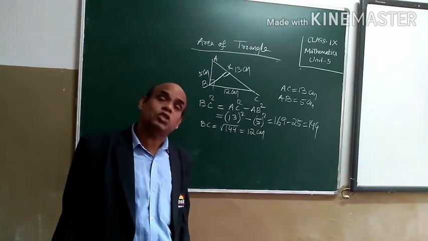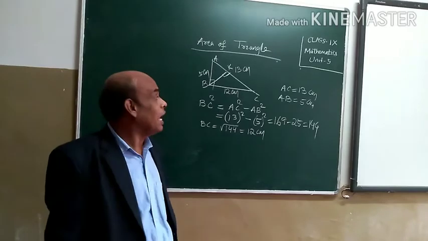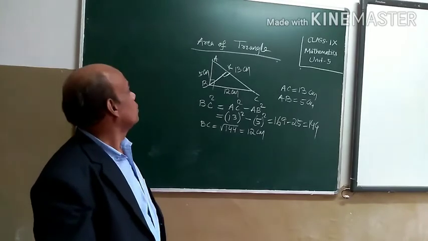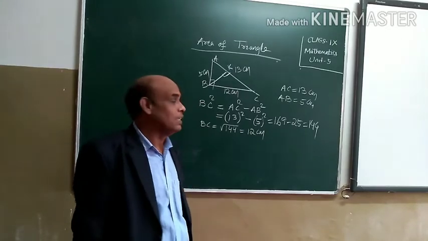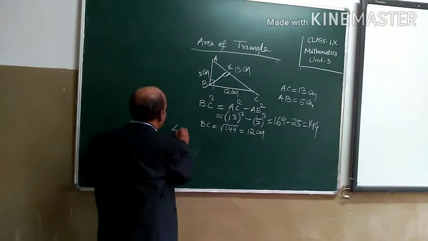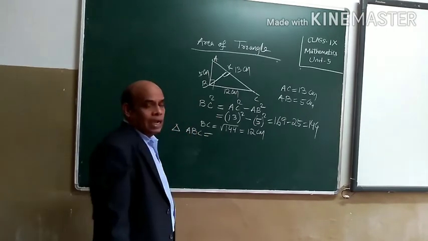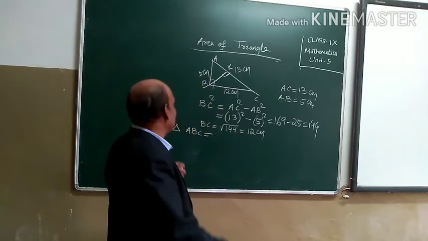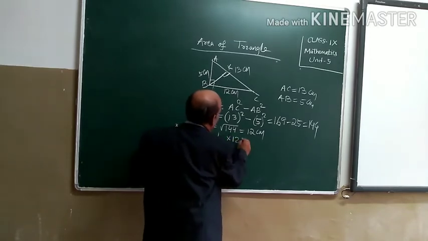But the question is to find out BK. BK is perpendicular to AC. So now remember, what is the area of the triangle ABC? The area of the triangle ABC is equal to half into base into height.